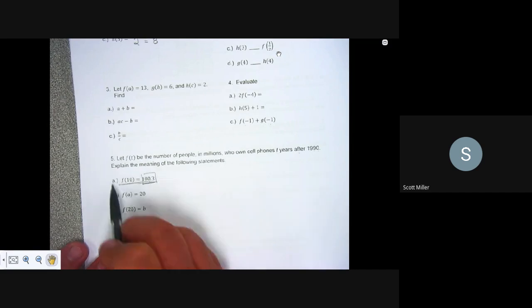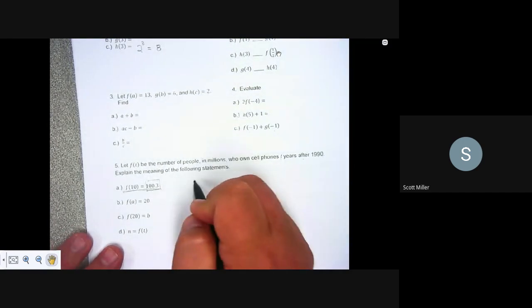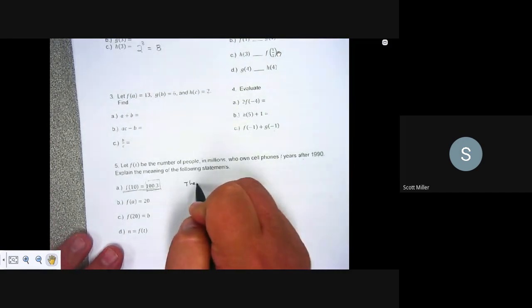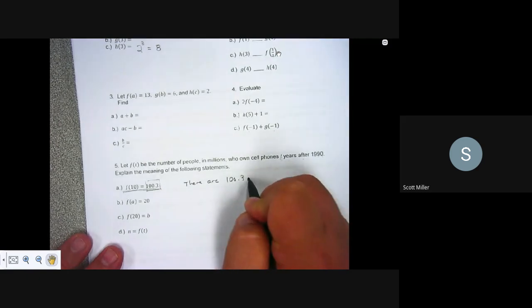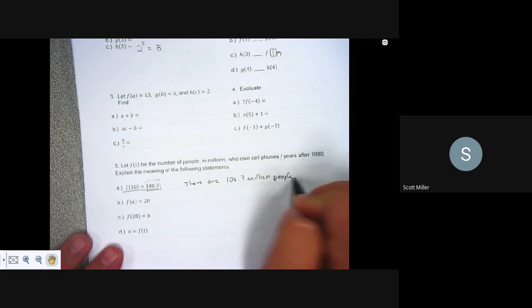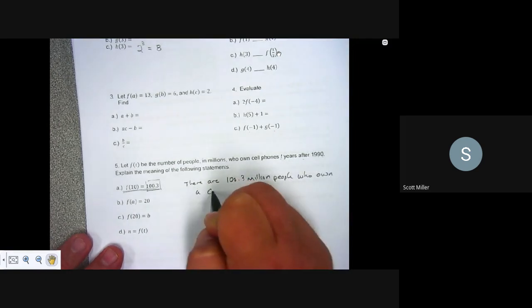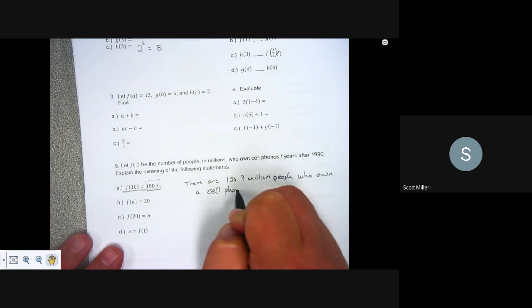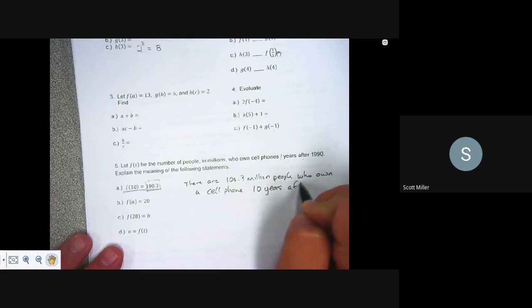So how do I interpret this in context? What does this mean? That there are 100.3 million people who own a cell phone 10 years after 1990.